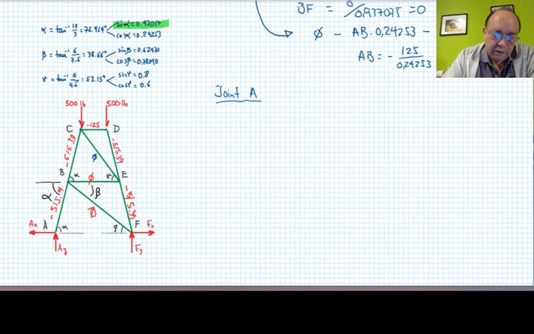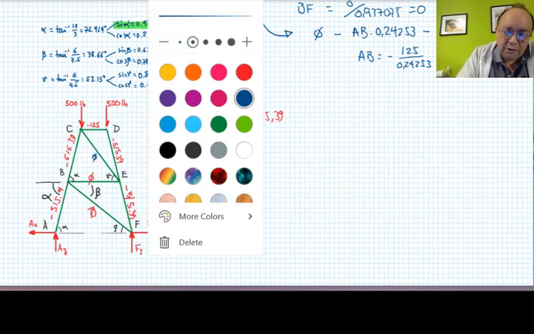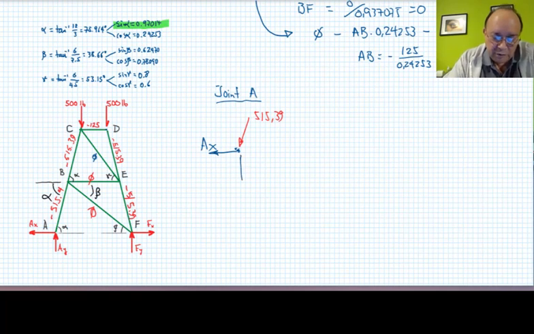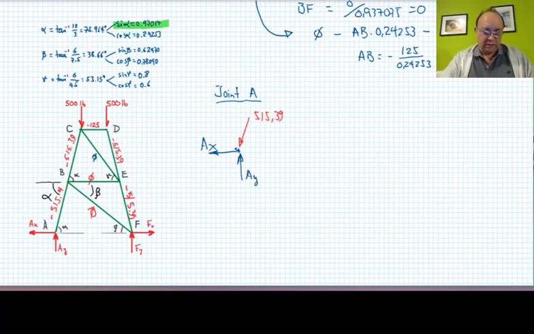The joint is just this point right here. One only force coming into the joint, coming down in compression, 515.39, that number. And the joint here, one force going to the left. Those are unknowns, and these are not bars. So you see this unknown AY, I'm not putting it in tension because this is not a bar, it's a reaction.